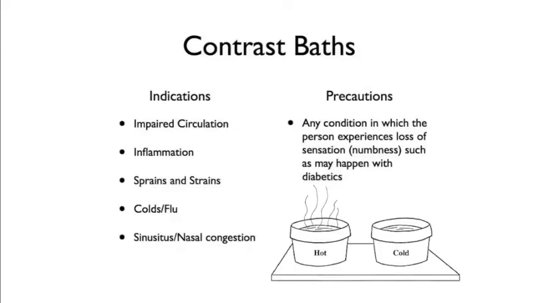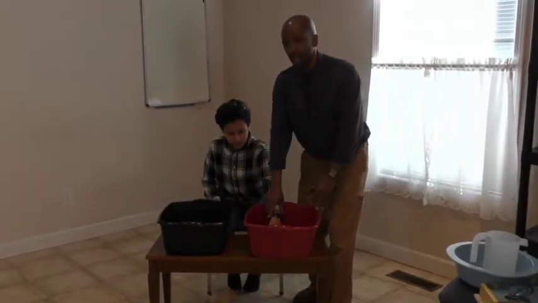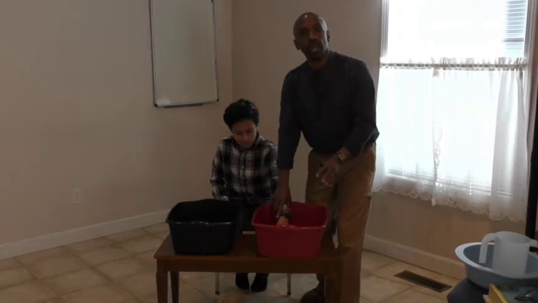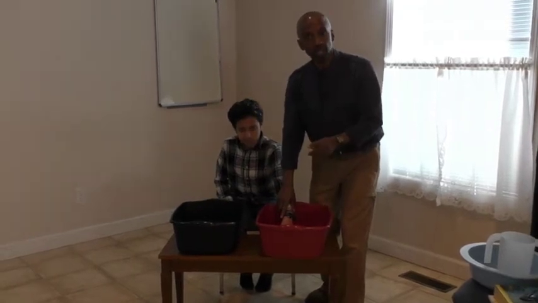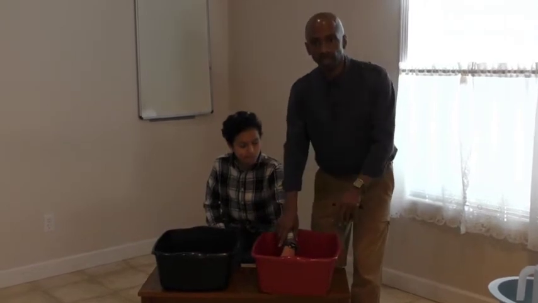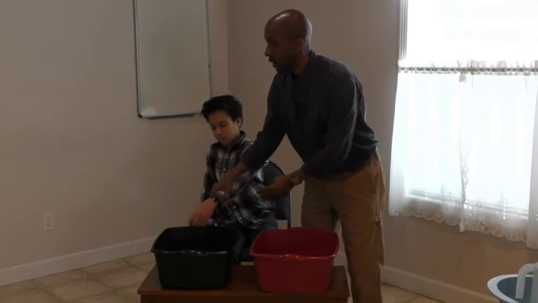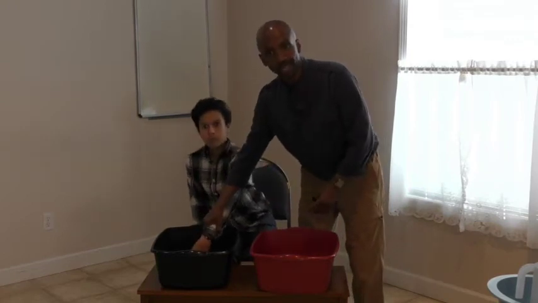So what I would do is I would dip the wrist or the foot or whatever area has been sprained or strained in this nice hot water for 3 minutes. And you're going to need to time it. So for 3 minutes, and then ding, after the 3 minutes are up, then we're going to place this in here for 30 seconds.